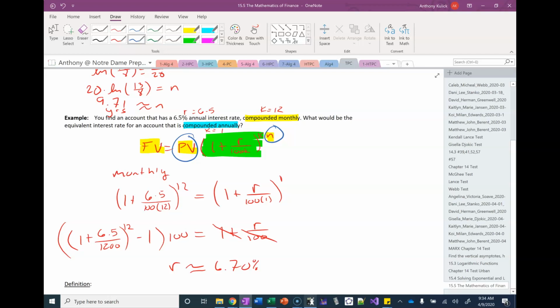So we can do a little bit of simplifying of this process and make a formula, or have a formula that can determine the equivalent annual compound interest rate.